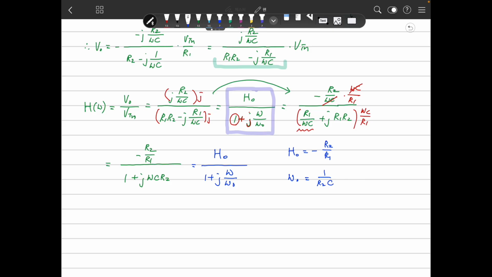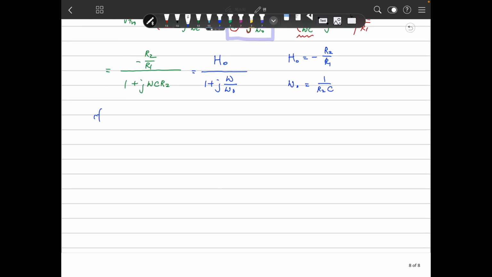In this case, if we design R2 to be higher than R1, for example, R2 is 10 kilo ohm and R1 is 1 kilo ohm, then for DC signals, where omega is 0 radian per second, H0 is the DC gain, which will be minus 10.